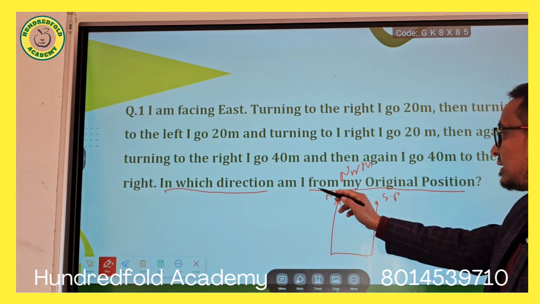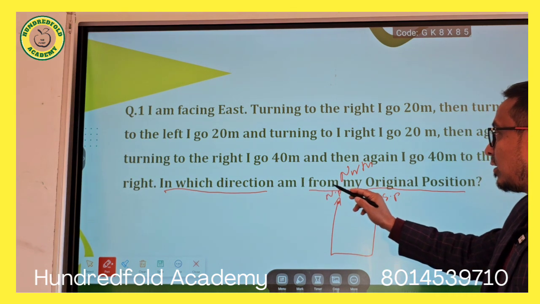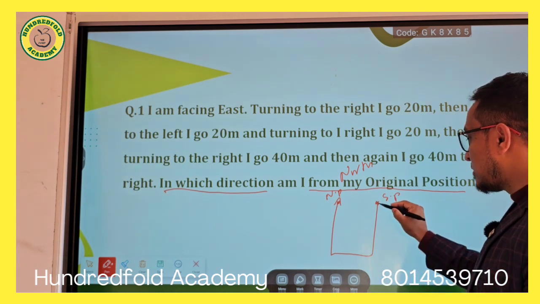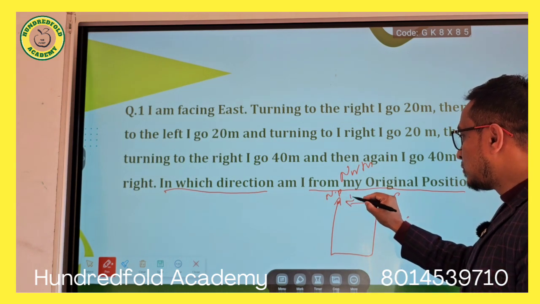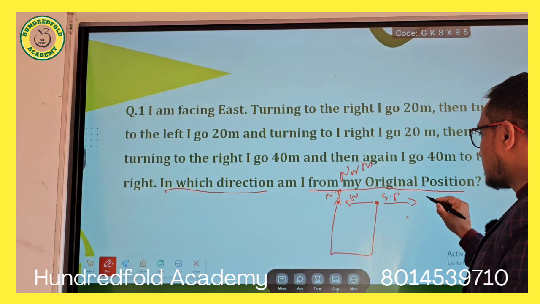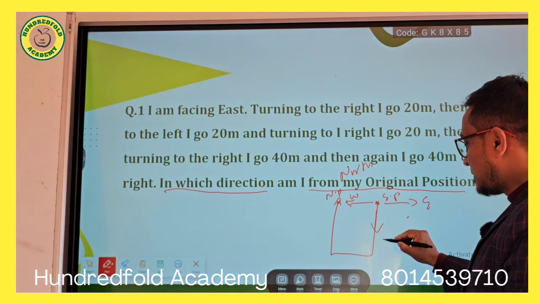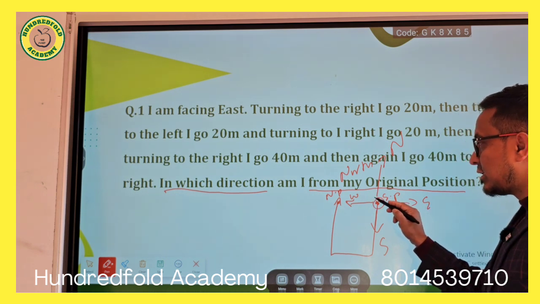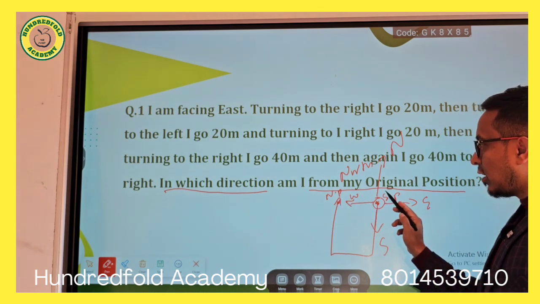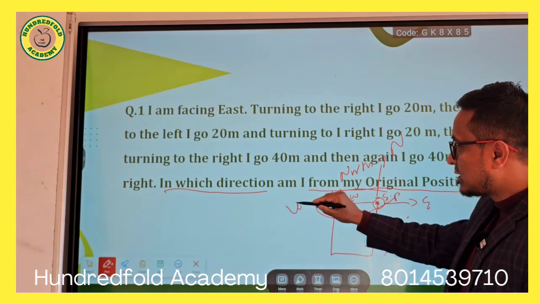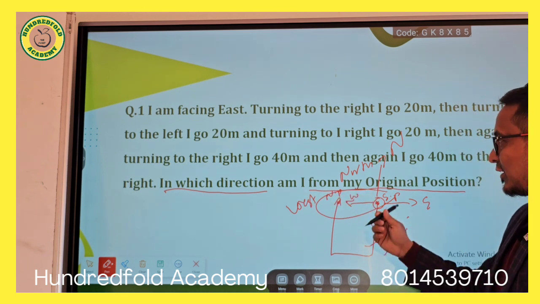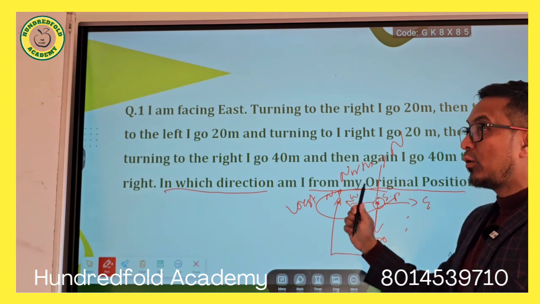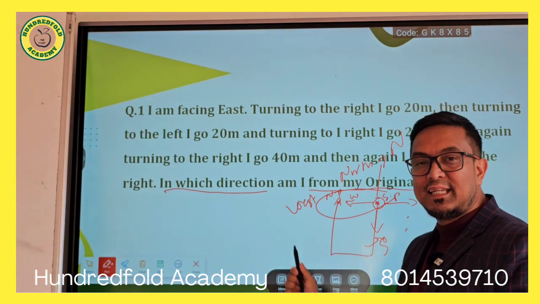Here it says in which direction is he from the original position. So the answer will be different, because this is original, this is west, this is east, this is south, and this is north. So from the original position, now he is on the western side. You see? So if they are asking you to compare with the original position, then he's on the west. But just in which direction, then he's on the north.